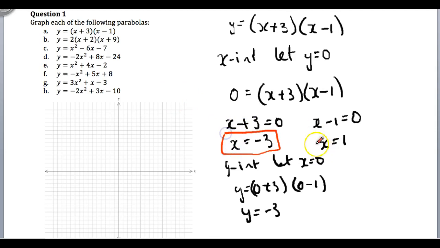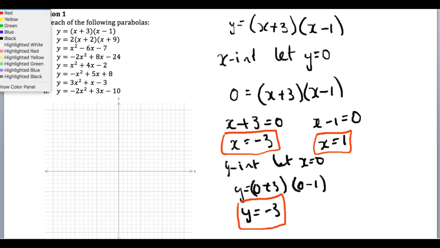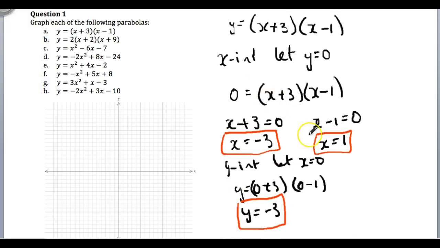You don't have to do it in a different color, but just put squares around your important information. It's just a nice thing to do for your lovely assessor, which is me. It's just easier for me to see. Instead of having to search through working out, I can say, all right, she knows the x-intercept and she knows the y-intercept. Now, the other thing we need to do is your turning point.